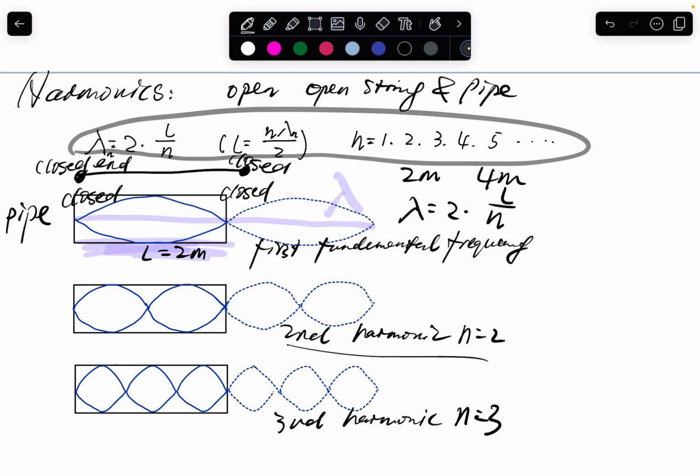So let's calculate it. If we don't look at a picture, lambda equals 2 times what? How long is the pipe? 2 meter. And what is n? n is 1. That gives you 4 meter.